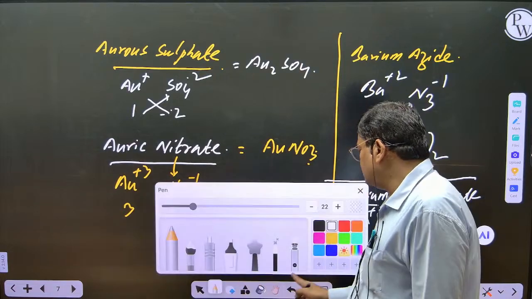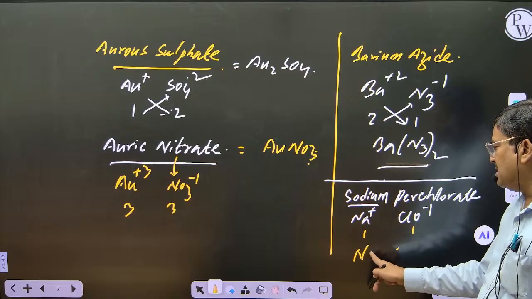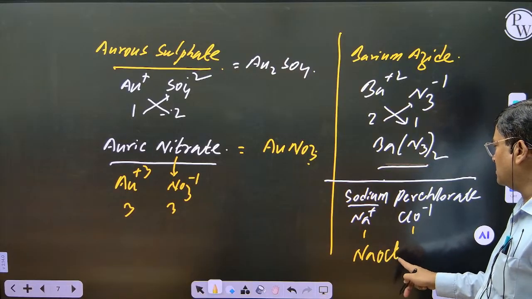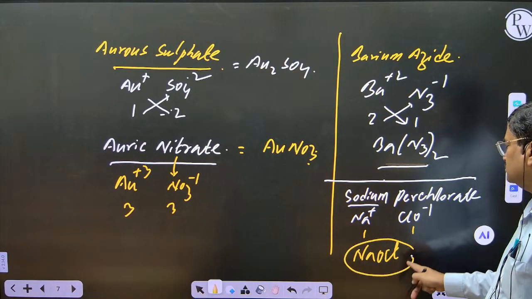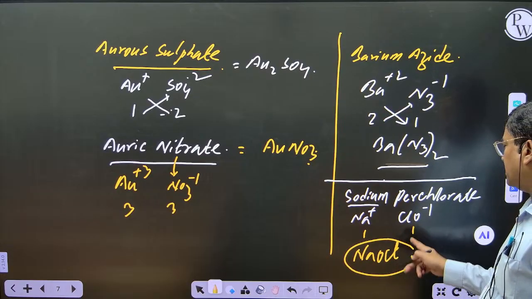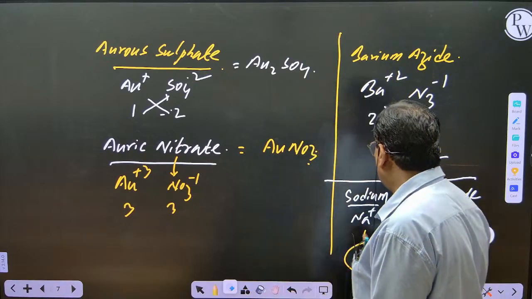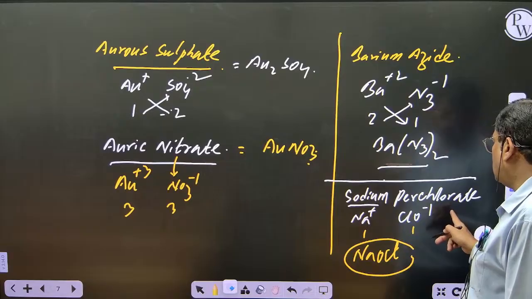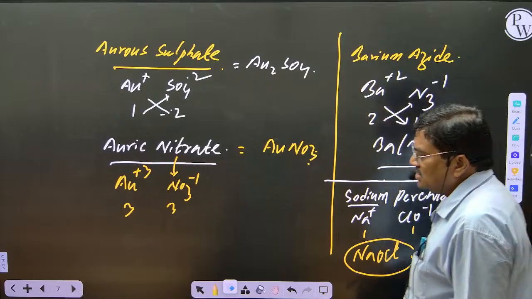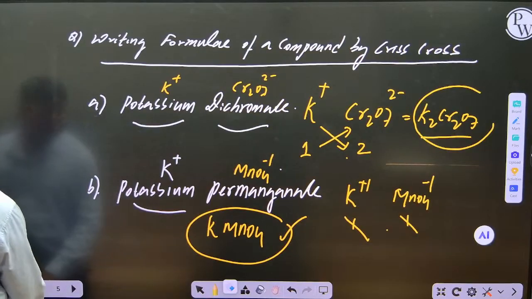NaOCl. Understood, student? This is 1, this is 1. The formula will be NaOCl. Sorry, not perchlorate, hypochlorite. Sodium hypochlorite, ClO minus. What we wrote once is, should I show you that chlorite ion, ClO.